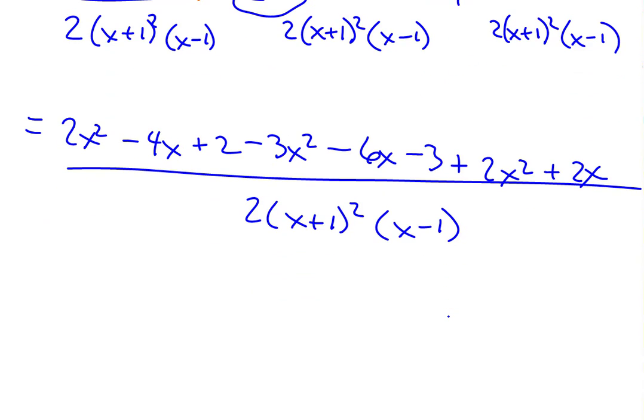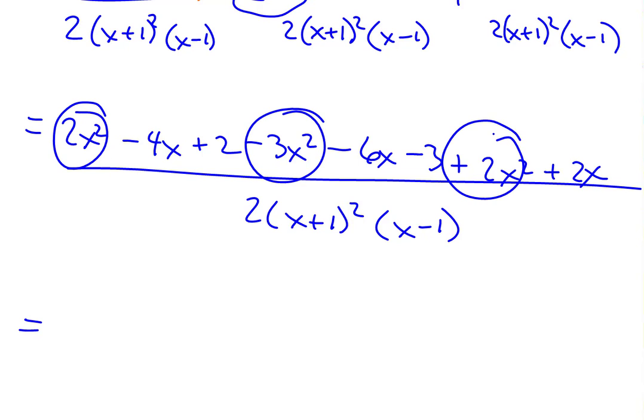And at this point, we want to combine like terms in the numerator to simplify as much as we can. You'll notice we have some x squareds to combine. We have a 2x squared and a minus 3x squared. And then let's not forget this last x squared term here near the end is plus 2x squared. So combining all those together, we'd end up with a positive 1x squared, or just x squared.